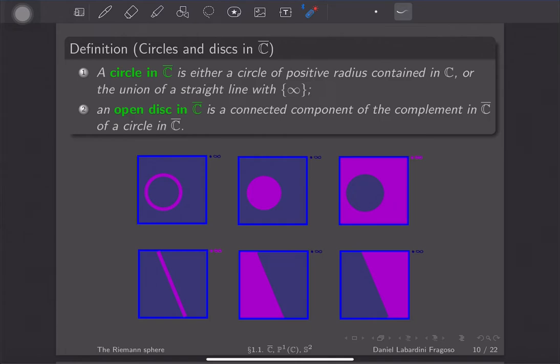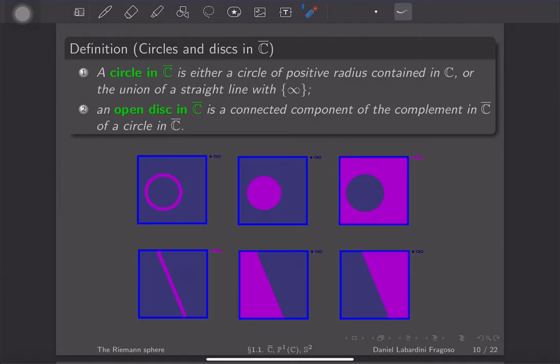Circles in C bar. The notion of circle in C bar is actually quite simple. It's either a circle in the complex plane, one of the circles we are used to drawing, or a set of the form Euclidean straight line union infinity. Either of those two things I'm going to be calling a circle in C bar.